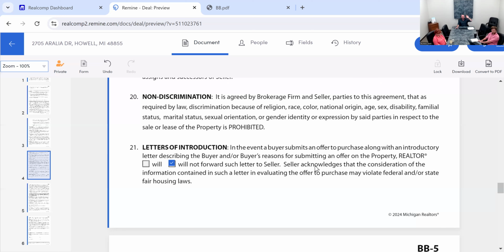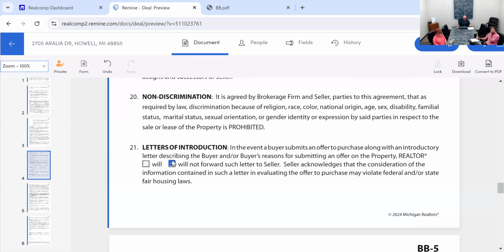But yeah, obviously the safest route is to just not deal in love letters at all. And that's why it's totally fine to say, hey, I am not comfortable, so I am checking this box saying I will not forward this to you. If you want an agent who will forward it to you, you need to find somebody else.